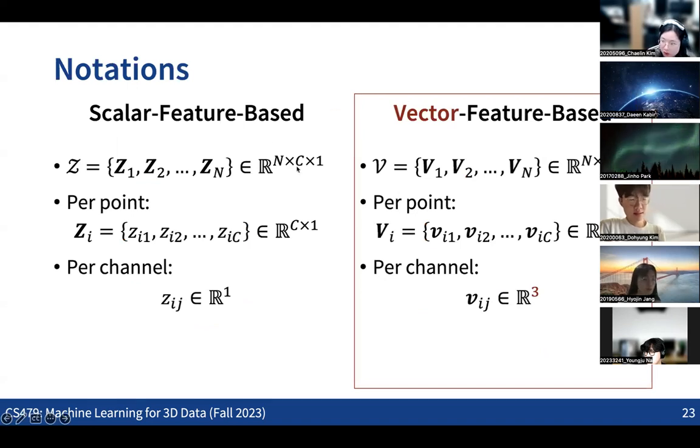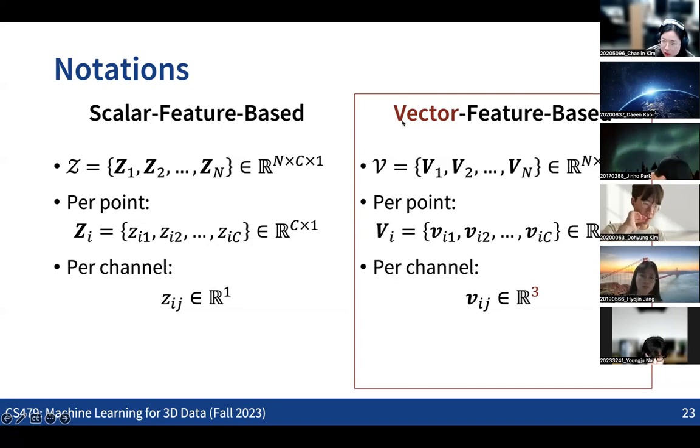These are some notations. Here Z indicates the data for the entire point cloud, and for each point we have features. In the scalar feature-based system, each neuron we see here is a scalar value, for each point and channel.